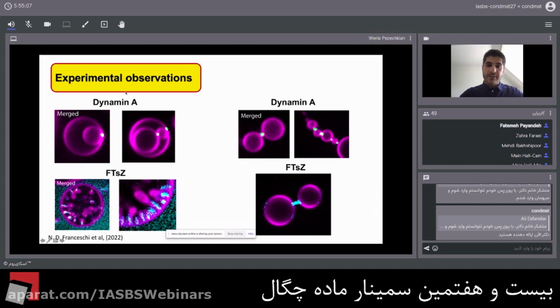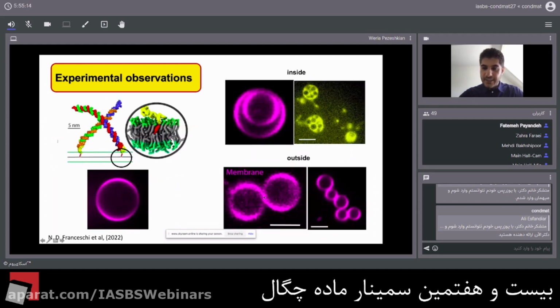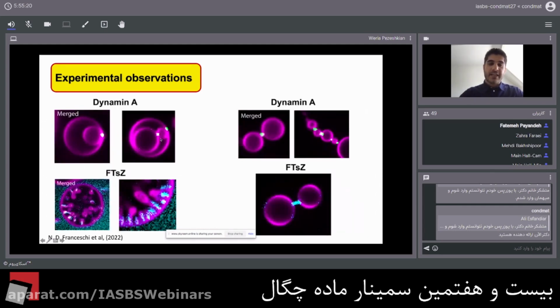So dynamin is a protein that can cut the membrane neck. So there is this tiny neck here, and this dynamin is capable of cutting these necks if they are activated. Here they are not activated. But what is interesting is that when you have dynamin outside, they go to the neck. And also when you have a dumbbell shape as well, and the dynamin is inside, you still see that dynamin goes to the neck.